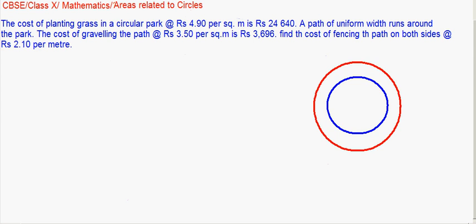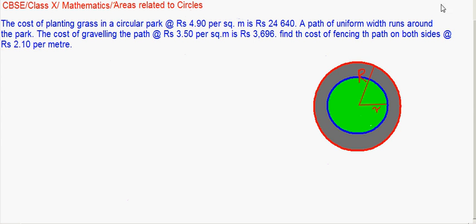That means this is the grass area, and graveling will be here, the grey portion. So I take this as small r and the long outer one as capital R.